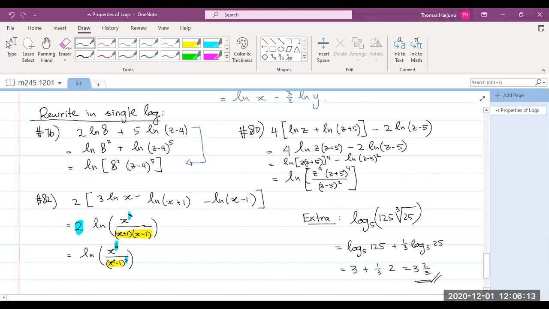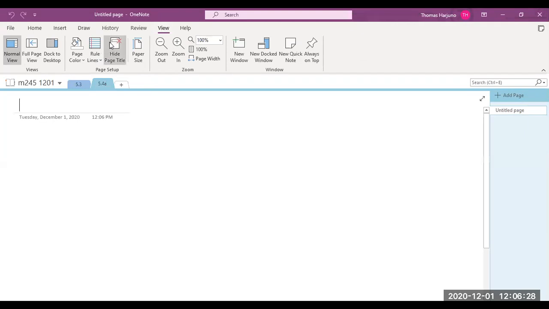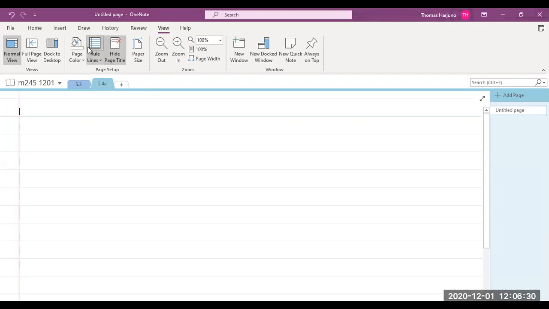Okay, now that's for 5.3. Now we go on to 5.4. The first part, I don't think I can finish it in one day. This section, 5.4, consists of 2 parts. 5.4 is solving exponential and logarithmic equations.